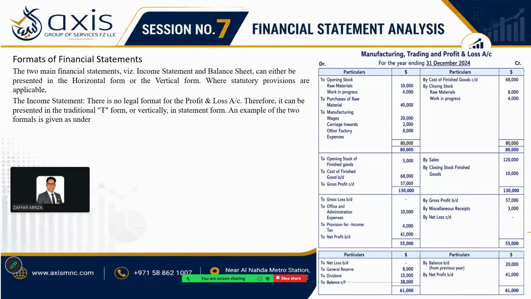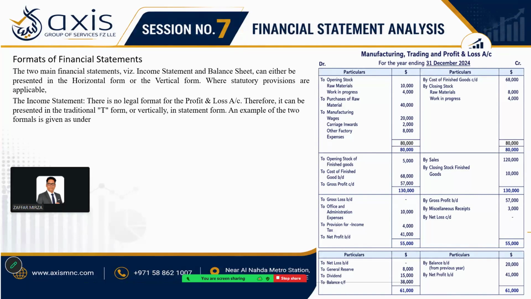So how do we prepare a manufacturing account? Opening stock of raw material and work in progress 10,000 and 4,000, purchase of raw material 40,000, manufacturing wages, carriage inwards, other factory expenses. The total expense is 80,000. From this, we deduct the closing stock of raw material, then we get the total cost of finished goods.